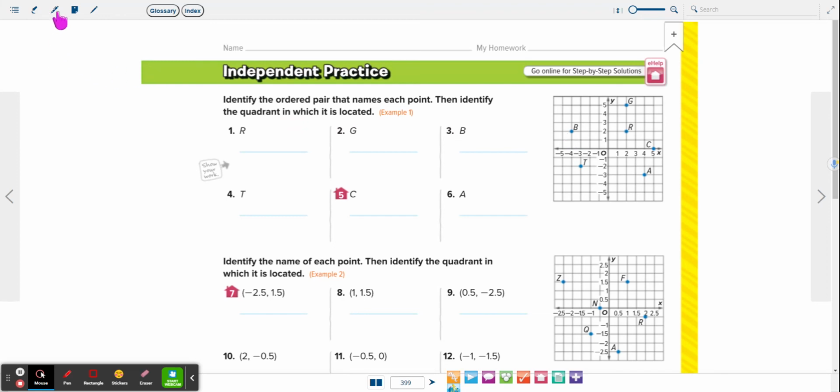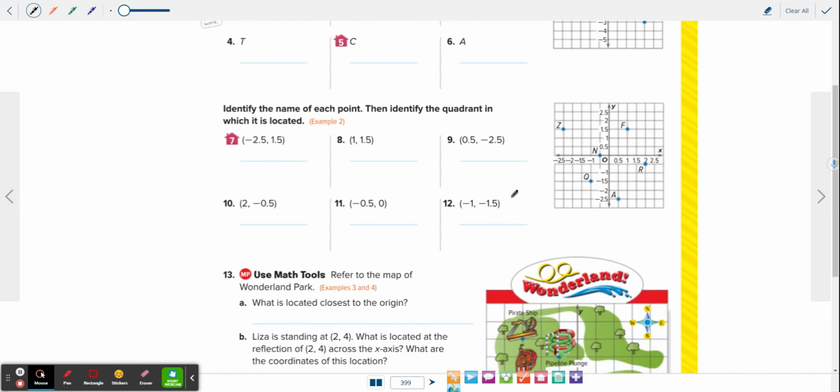So your quadrants, remember, are going to be 1, 2, 3, or 4. And I'm not going to label them on the map for you. Your interactive notebook page has that. But that's how they should look. And those are going to be your answers, your choices for 1 through 6.